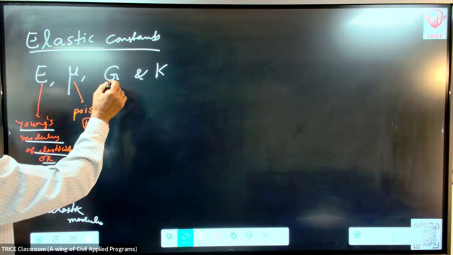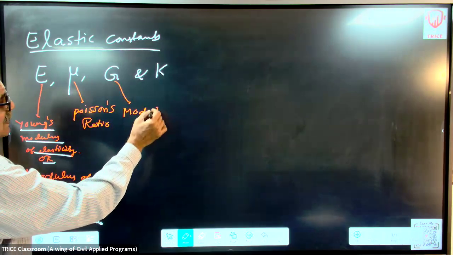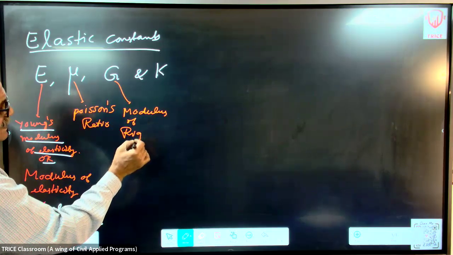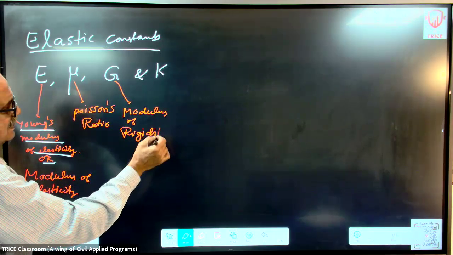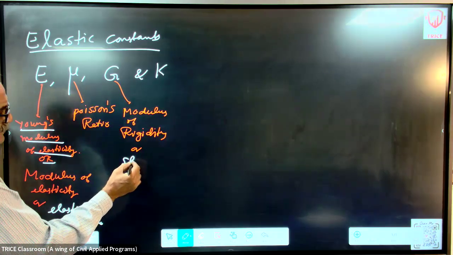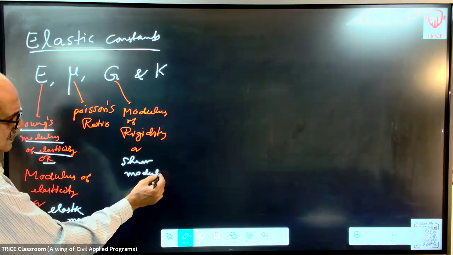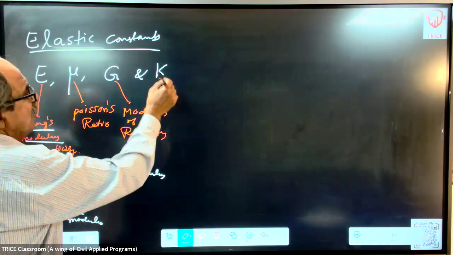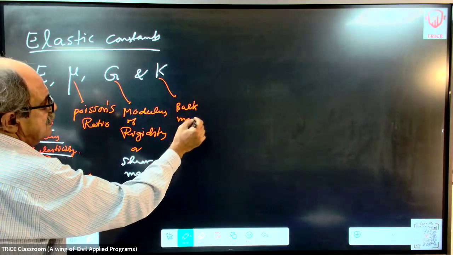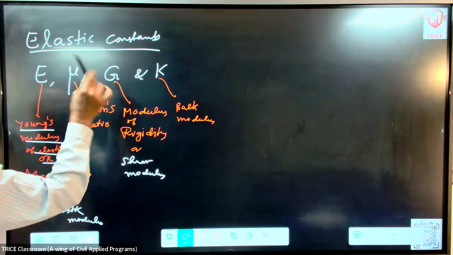Then G stands for modulus of rigidity, or sometimes called shear modulus. K is called bulk modulus.